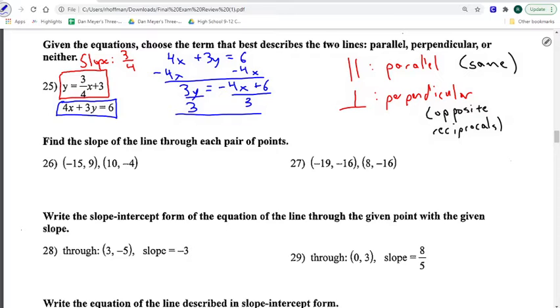And remember, when we divide an equation like this, we're going to divide everything in the equation by 3. So we're going to take that negative 4x, and we're going to divide it by 3. So 3 goes on the bottom there. And then we're going to take our 6, and it divides by 3. But the thing we want to focus on is our slope here. Now that y is by itself, our slope is our number that's attached to the x, so negative 4/3.